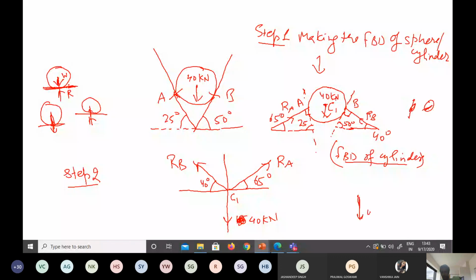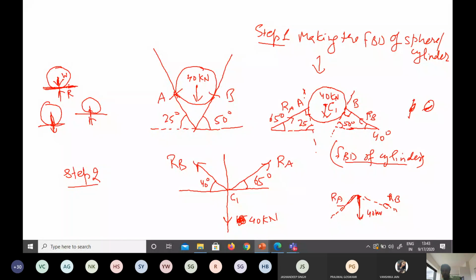This is the weight, 40 kilonewton, and this is RB. Similarly, this is RA, and this is RB.